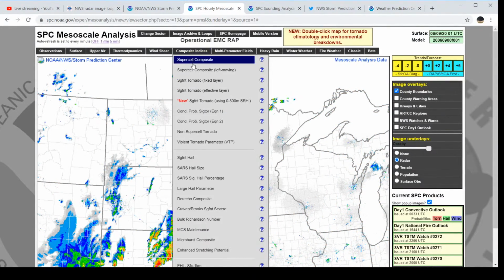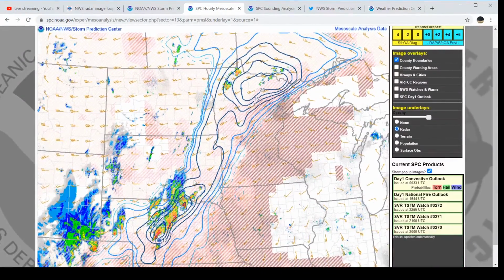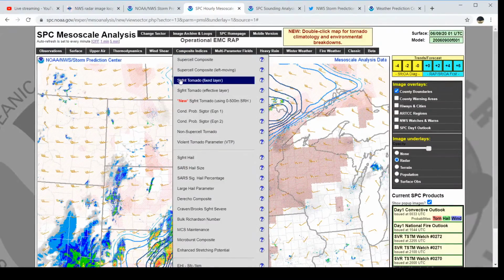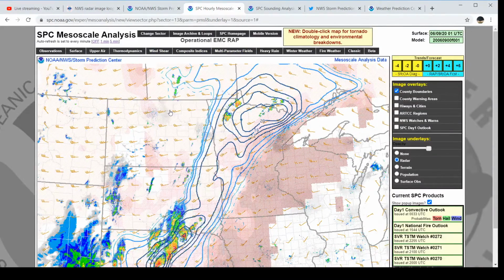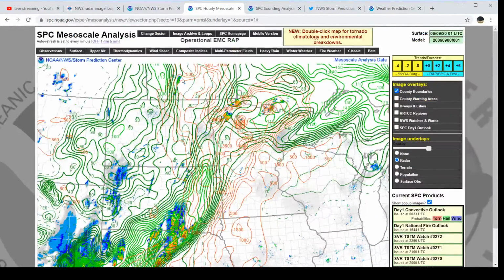Now if we look at our supercell composite, it's a 20, but like I said, this doesn't take into consideration the very low levels. So our chances for tornadoes are very low, as of right now.